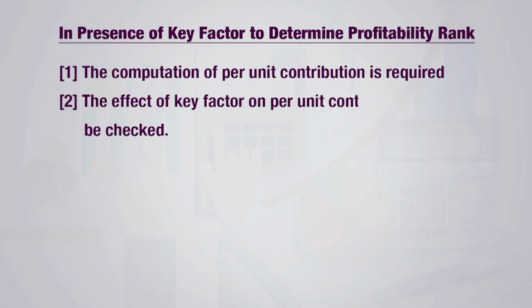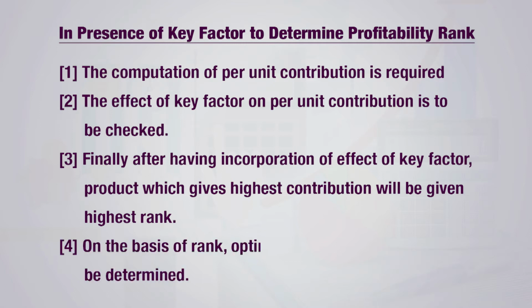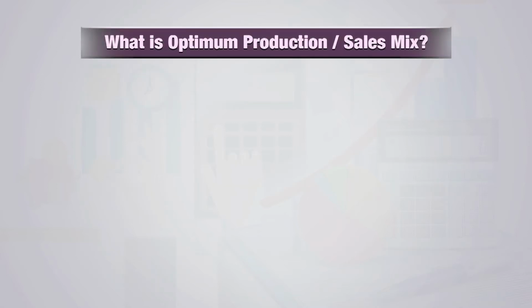Number 2, the effect of key factor on per unit contribution is to be checked. Number 3, after incorporating the effect of key factor, the product which gives the highest contribution will be given the highest rank. Number 4, on the basis of rank, optimum production or sales mix will be determined.